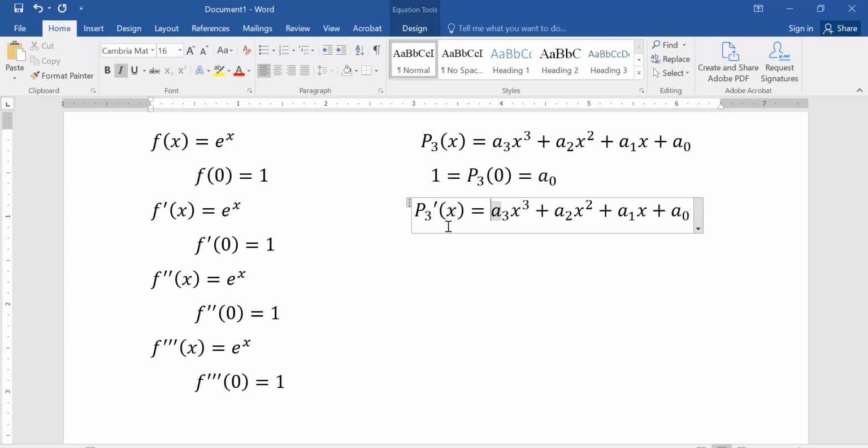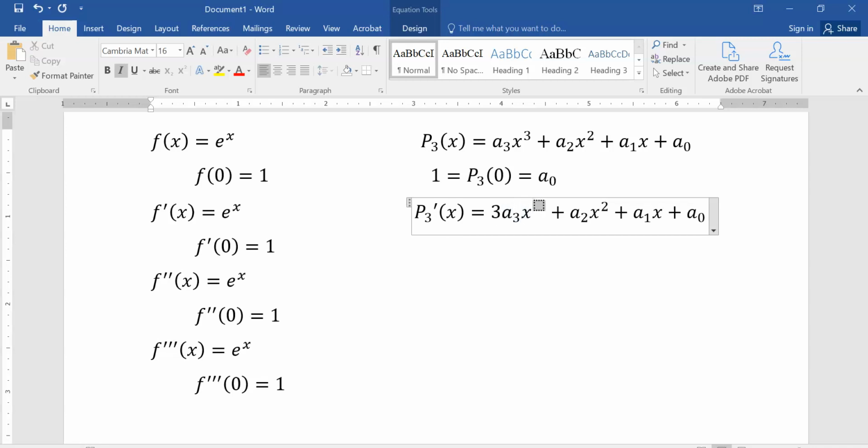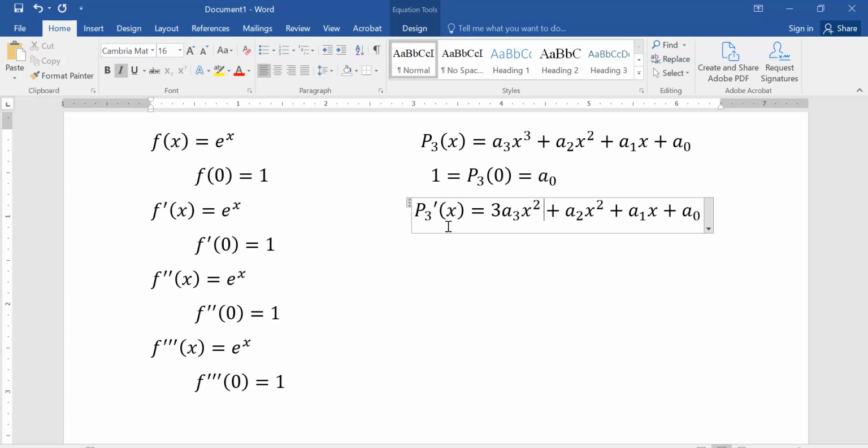It is going to be 3 times a sub 3 x squared plus 2 a2 x to the first power plus a1 times x to the 0 power. And then the a0 is going to go away. So again, 3 goes out front, 2 goes out front, 1 goes out front, lower the exponents by 1. This a0 goes away.